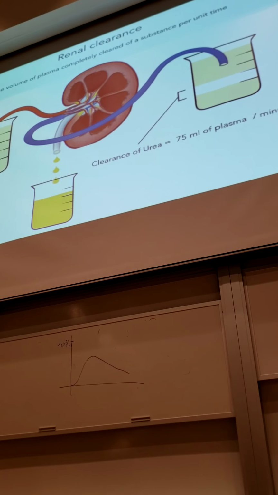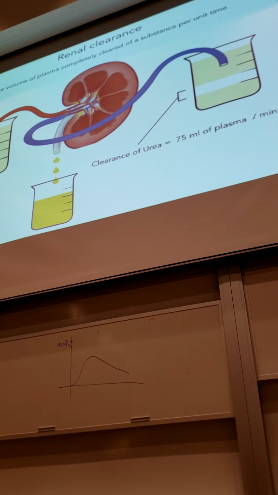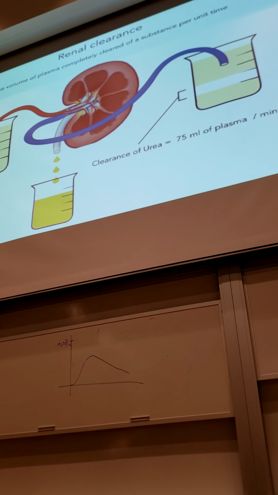So if we're thinking about the individual substances and how many milligrams, the filtered load, the excreted load, these are pretty clear ways to think about things. Renal clearance is about the amount of plasma that is completely cleared of a substance in a unit of time.